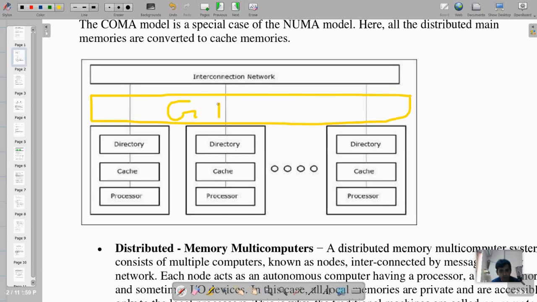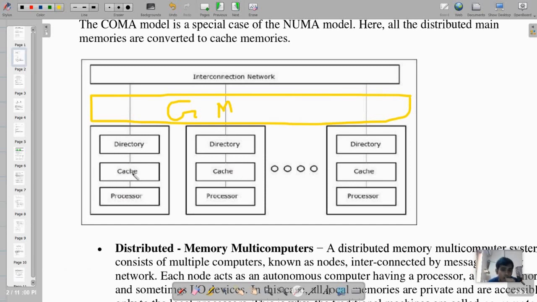Now this global memory is accessible by all the processors equally, but along with this global memory, you can notice that all the processors have their native cache attached to them.